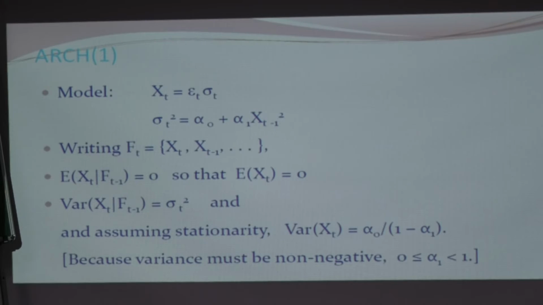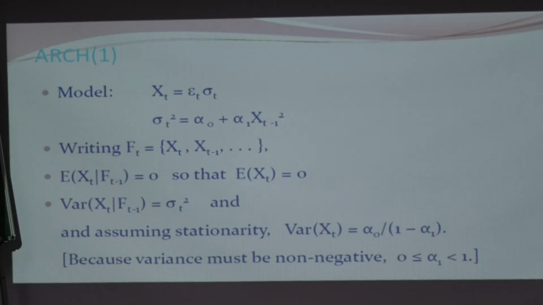On either side, it's away from the mean. Okay, I'm taking mean to be 0 here. So if the mean is 0, if it is very much away from the 0 value, then you have a large value of xt minus 1. What does it mean if it's very much away from the mean level? High variability. Okay, high variability.